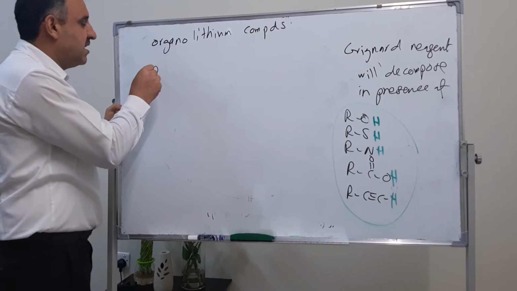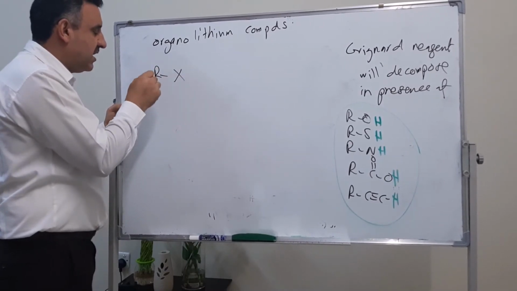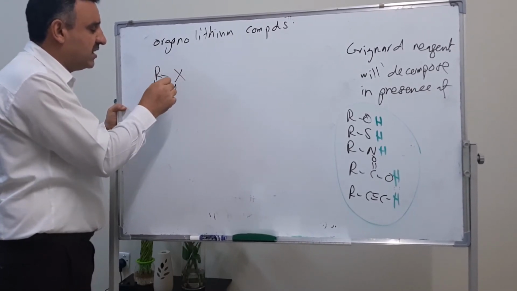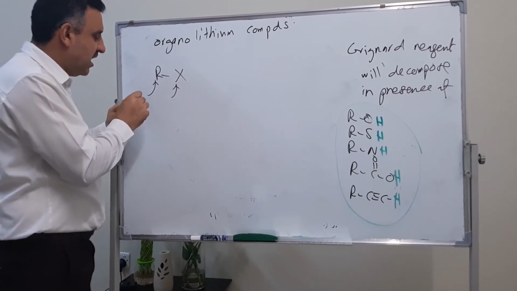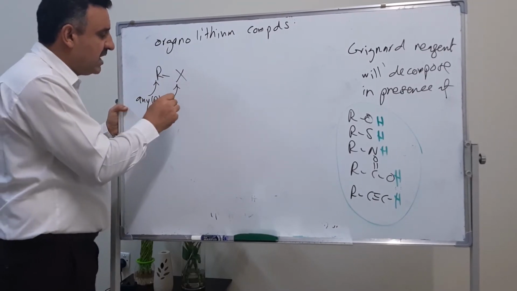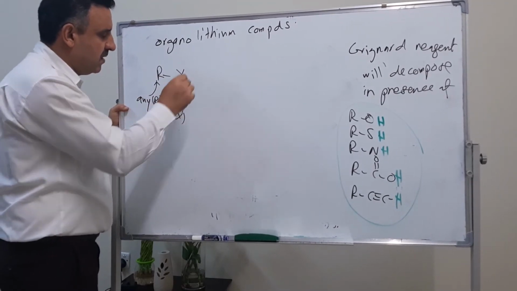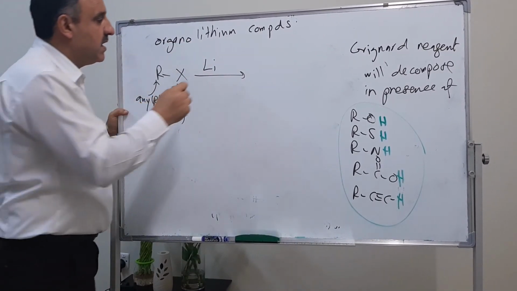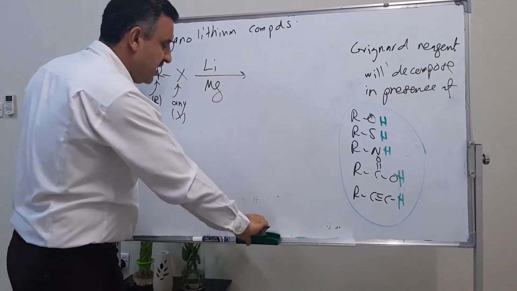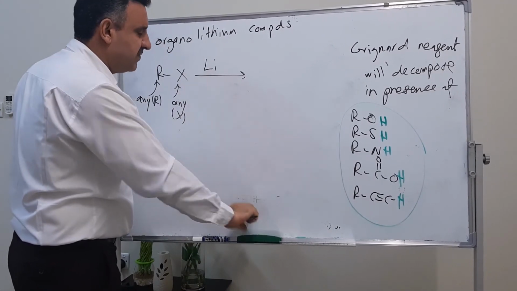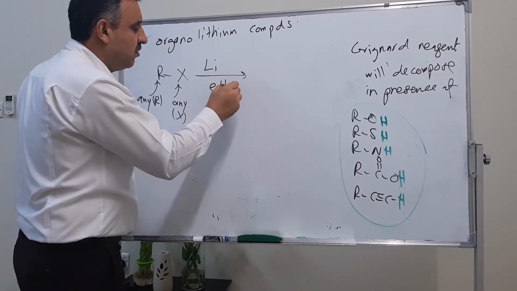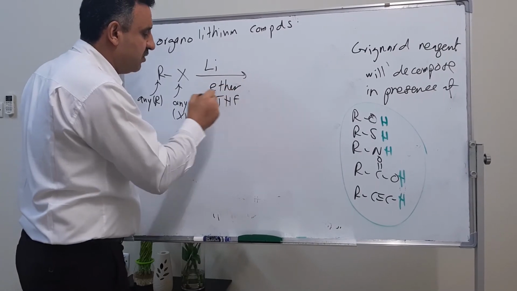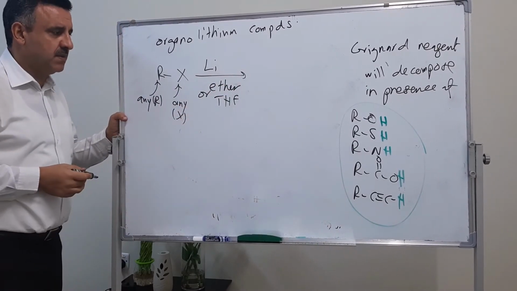So in this case, RX, regardless of the R, regardless of the X, any R, any X, when we allow it to react with lithium instead of magnesium, in the presence of dry ether or THF, which again is just a solvent, you follow me?